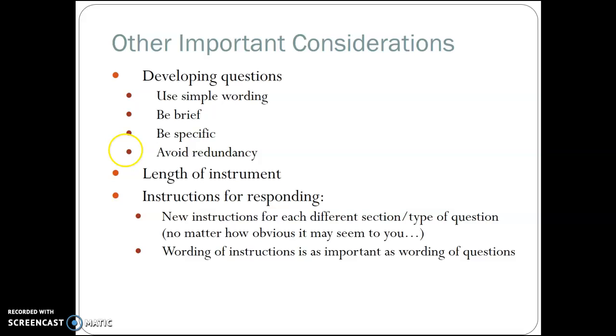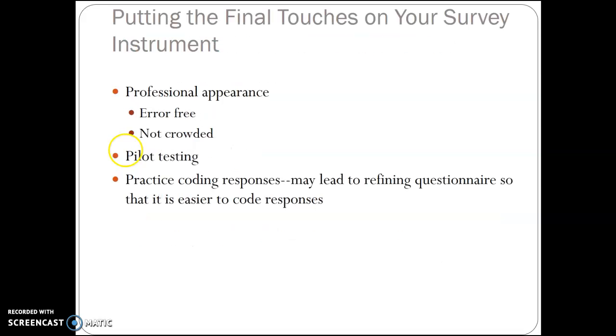Or if you have more than 2 constructs, let's say your study is about self-determination and self-esteem and anxiety, a 3-part research question, I would put instructions before all the questions that relate to each of those 3 variables. So repeating instructions is not being redundant.